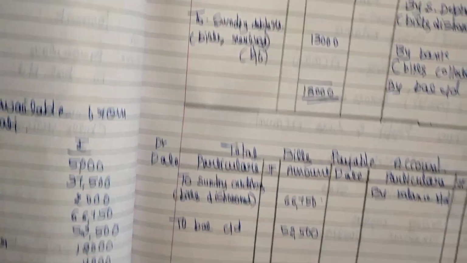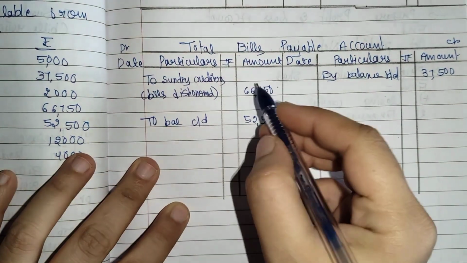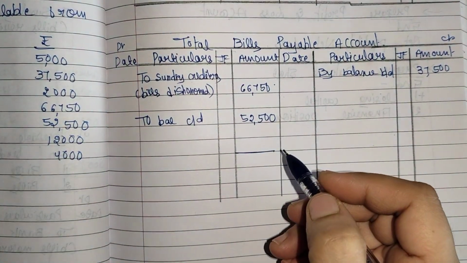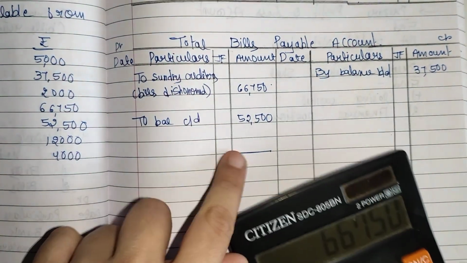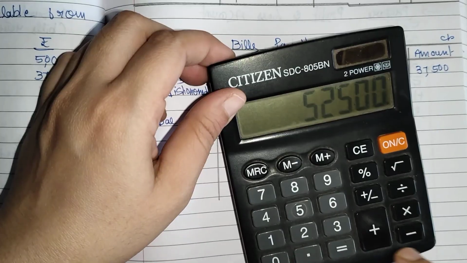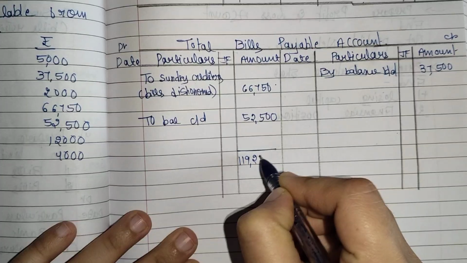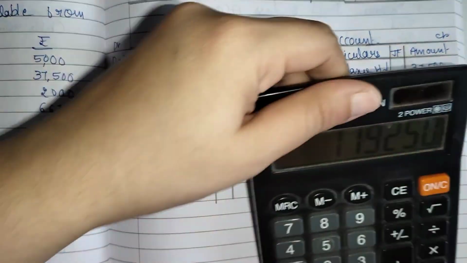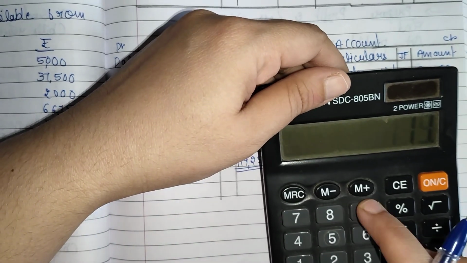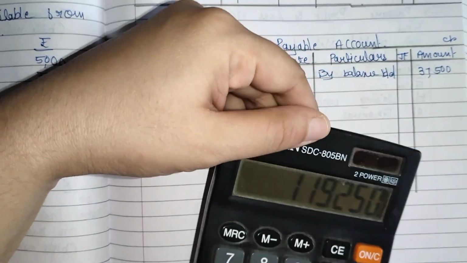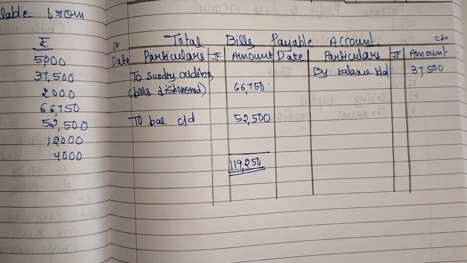Now we will close the total bills payable account. So here the total is 1,19,250. 1,19,250 minus 37,500 is 81,750.